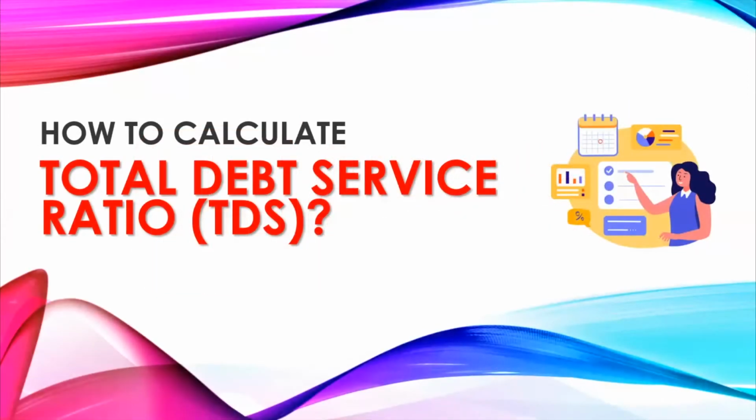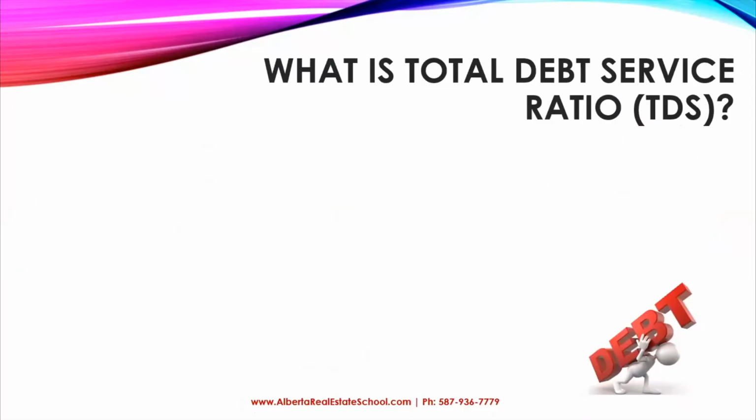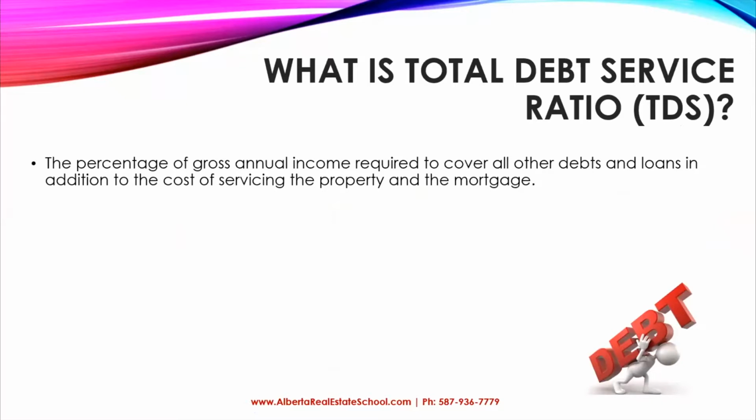Let's take a look at how to calculate the total debt service ratio. First of all, what is the total debt service ratio? The TDS ratio, or the total debt service ratio, is the percentage of the annual income that is required to cover all the debt obligations that the person may have, in addition to covering their mortgage payments as well as the housing costs.